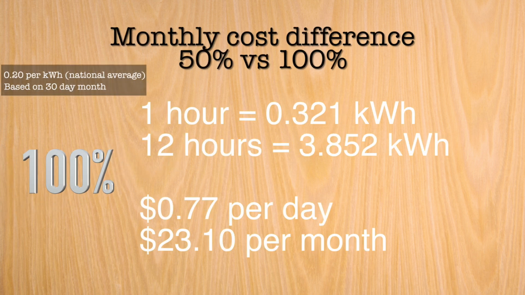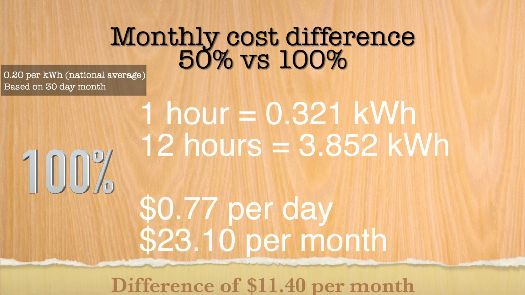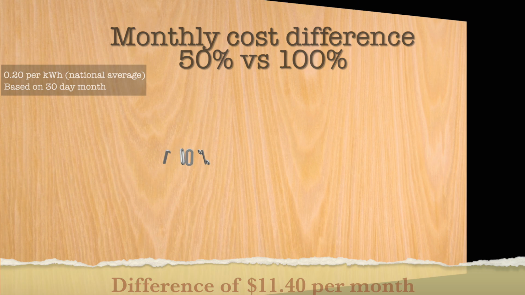Compared to the 100% for the 12-hour flowering cycle, that was 3.852 kilowatt hours, which came out to 77 cents per day, or $23.10 per month to run that light for 12 hours a day at 100%, which was a difference of $11.40 per month compared to 50% at 12 hours.